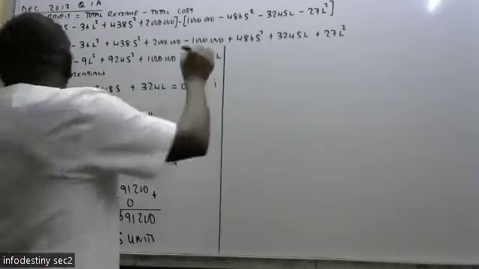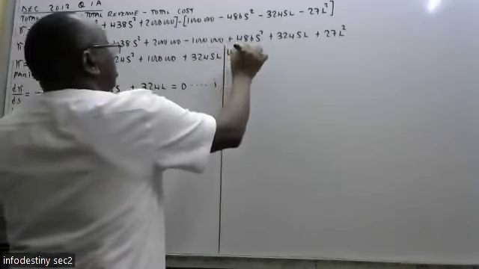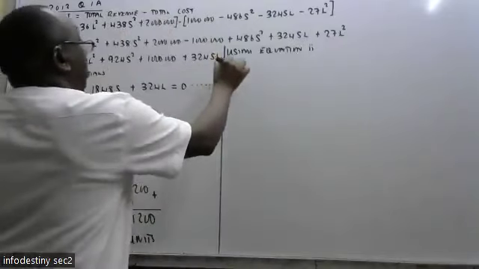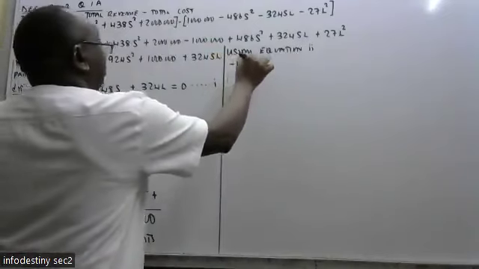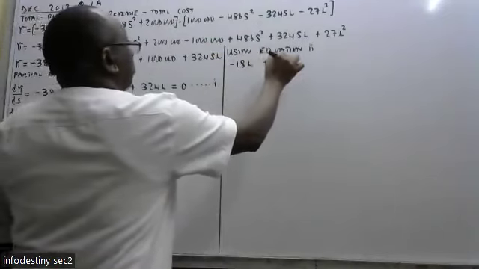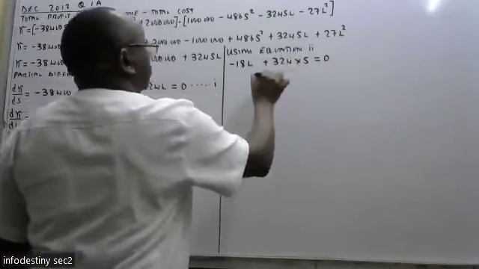Then using equation 2, it's minus 18L plus 324 times 5 is equal to 0.